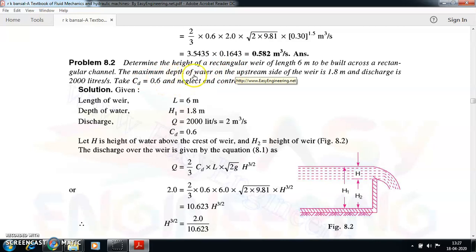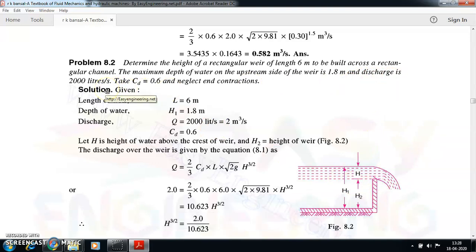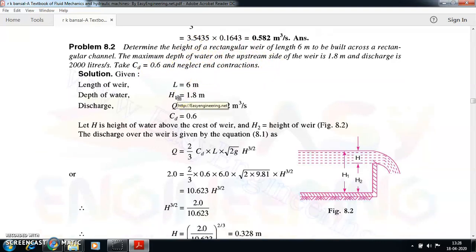The maximum depth of the water on the upstream side of the weir is 1.8 meters, and the discharge is 2000 liters per second. You need to take the CD value as 0.6. Neglect end contraction, so no need to consider it.